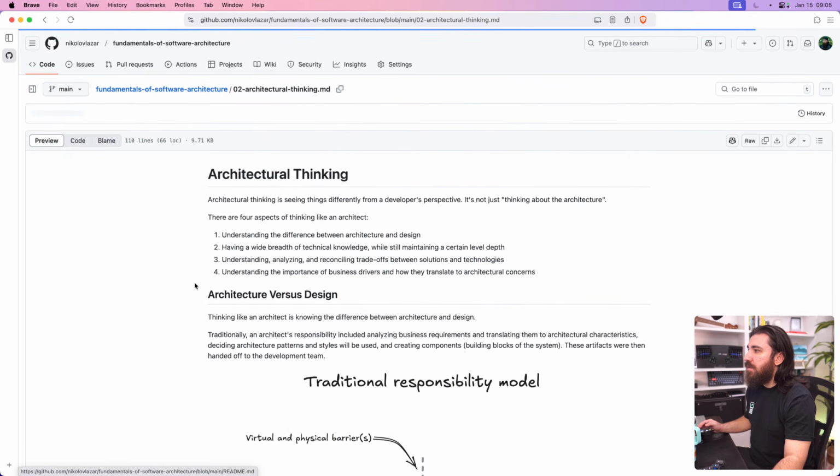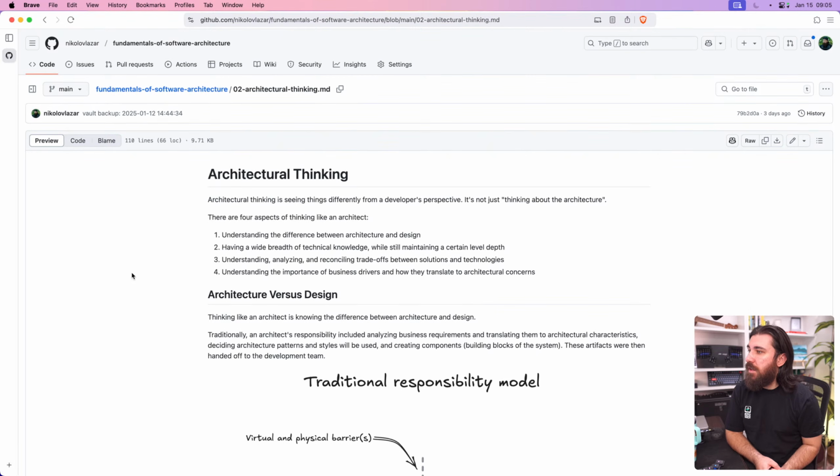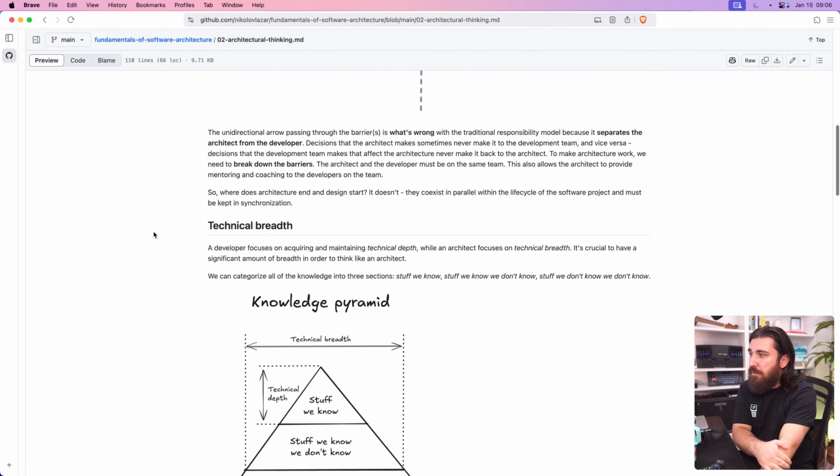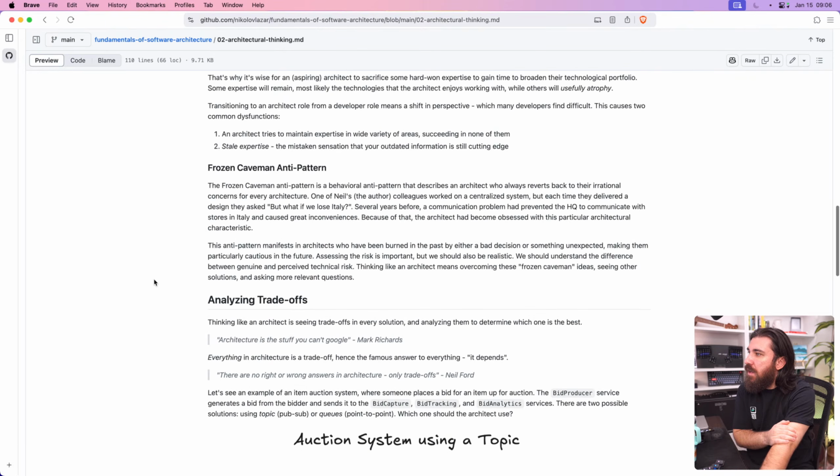And let's move into chapter 2, architectural thinking. This is a really cool chapter because it touches on the importance of having technical breadth.